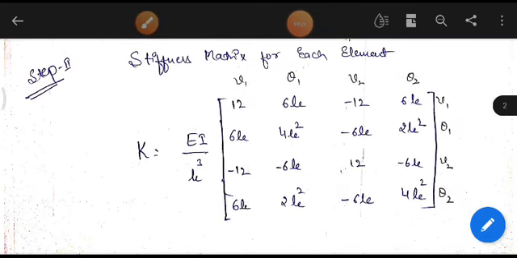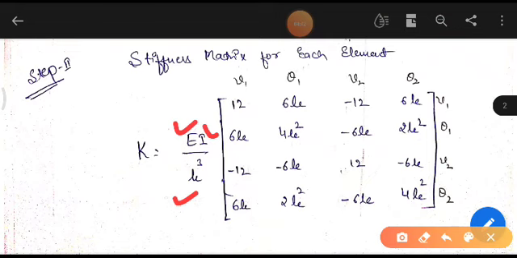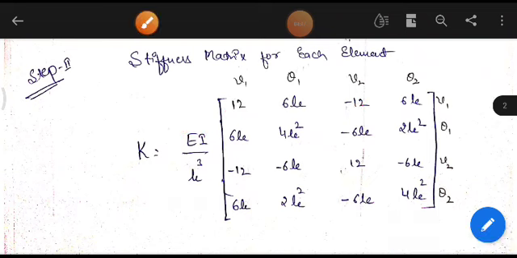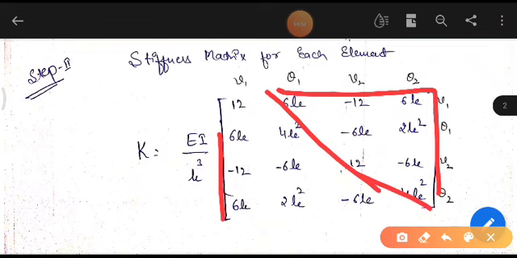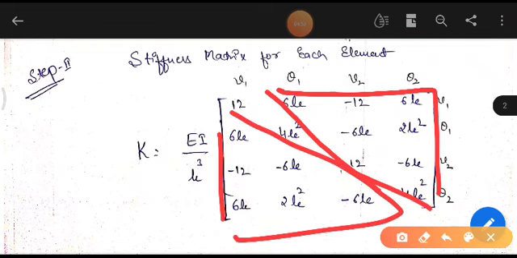The stiffness matrix is given by, as we saw earlier, E into I divided by LE cube, Young's modulus into moment of inertia divided by the cube of the length of the element, and 12, 6 LE, minus 12, 6 LE. You need to remember only the upper diagonal elements. If you remember these, the lower diagonal elements will be the same.